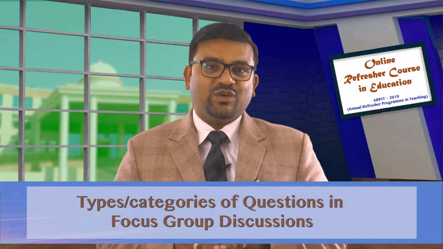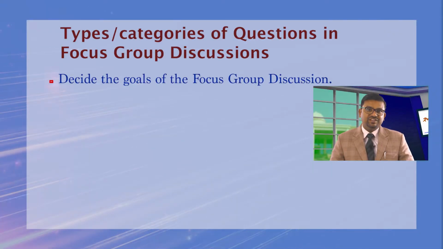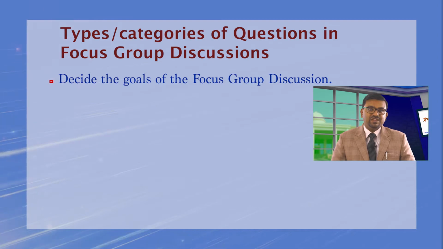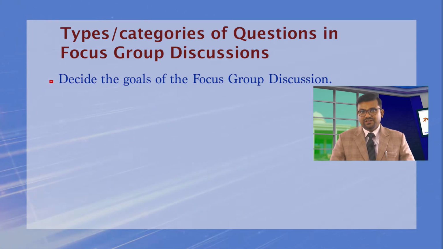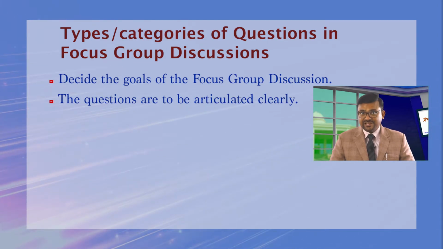Let us talk about the types and categories of questions that you can use in focus group discussion. To decide the question categories, you need to decide the goals of the FGDs. On the basis of the goals, you can decide the questions. The questions are to be articulated clearly.